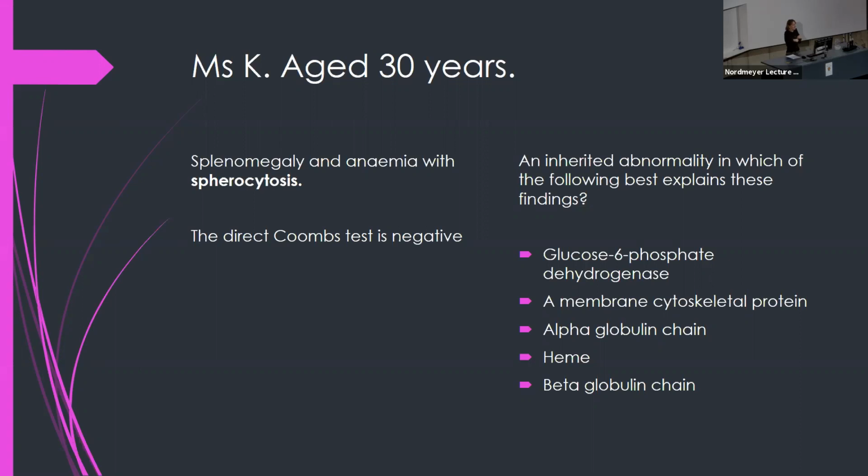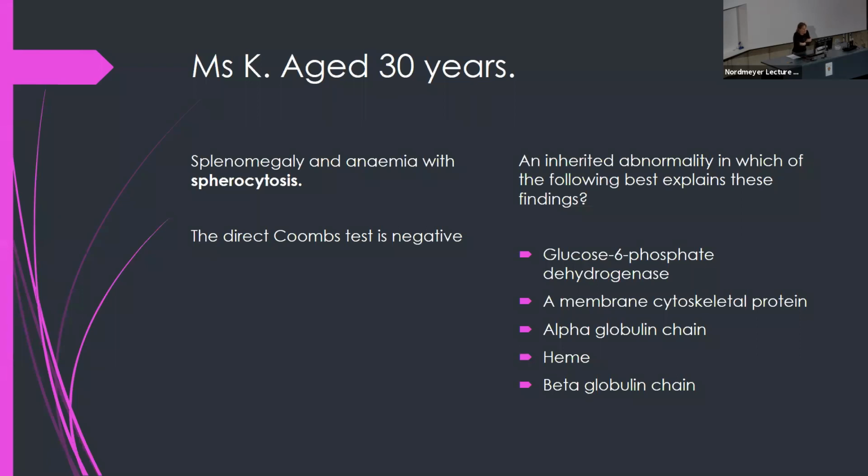And it's X-linked, common in the Mediterranean, and fava beans are an oxidative stress, so it's often Mediterranean people eating fava beans. Could it be a membrane cytoskeletal protein causing hereditary spherocytosis? Maybe, he's got lots of spherocytes.